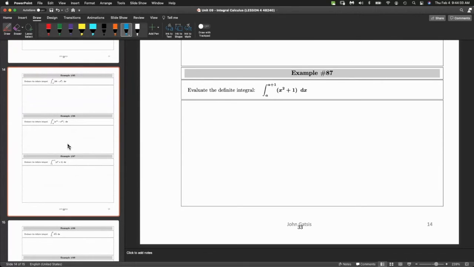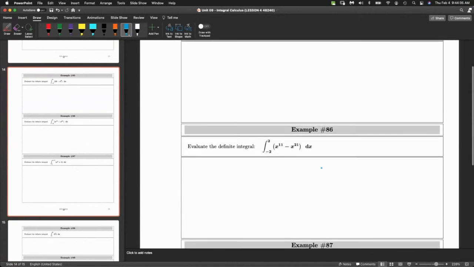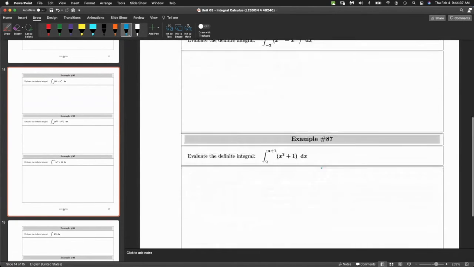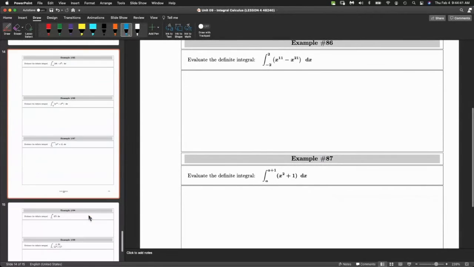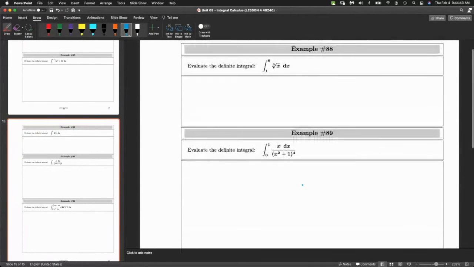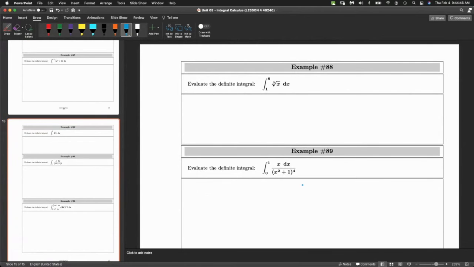So why don't we do a few ones toward the end here? Let's take a look at 88. That's another definite integral that is fun to do, I guess. And we'll do 89 as well. And then after 88 and 89, you can take some time to just take a break and prepare for your in-class quiz.